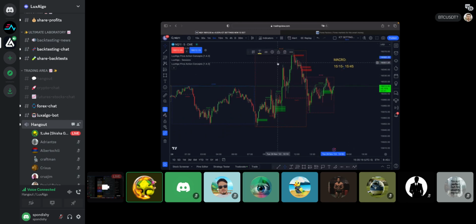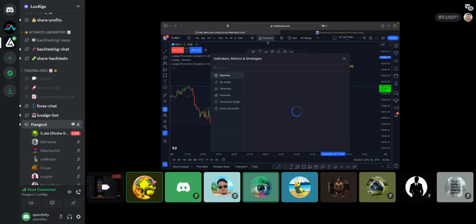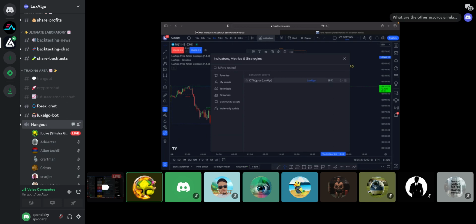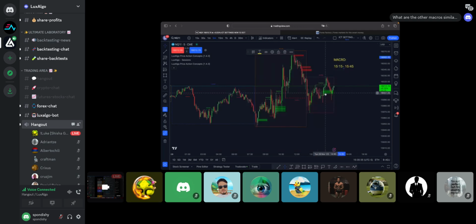So there's several macros. I think LuxAlgo has macros. Yeah, there's ICT macros. This is a very, very, very strong indicator, guys. Macros are times like 10 minutes before the start of every hour, so 10:50, 11:10, 11:50, 12:10, 12:50, 1:10, stuff like that.